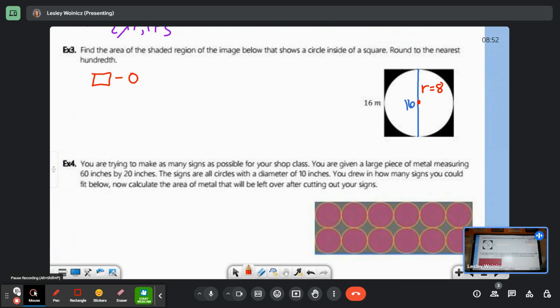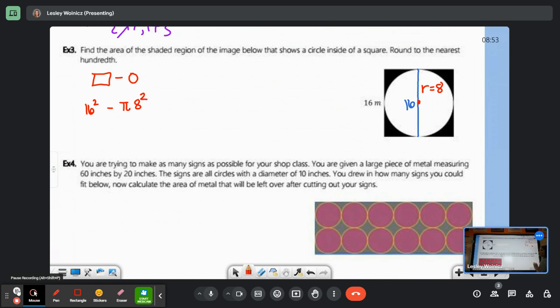Okay, so how do we find the area of a square? Base times height, length times width, and they're both 16, right, if it's a square? So 16 squared minus... what's the formula for the area of a circle? Pi r squared, and the r is 8.